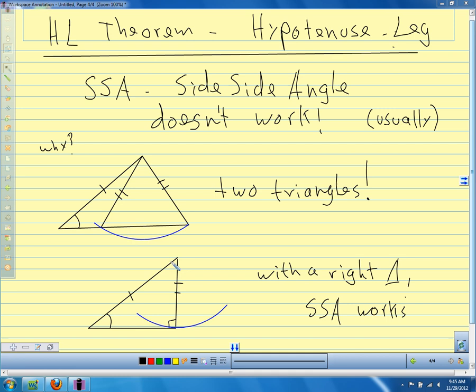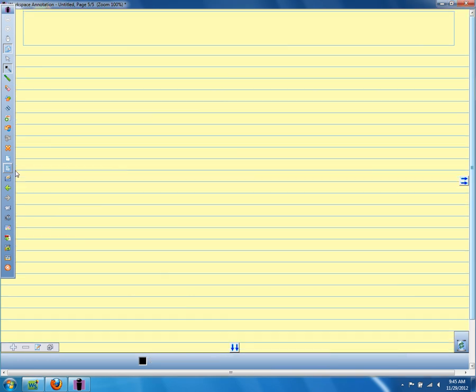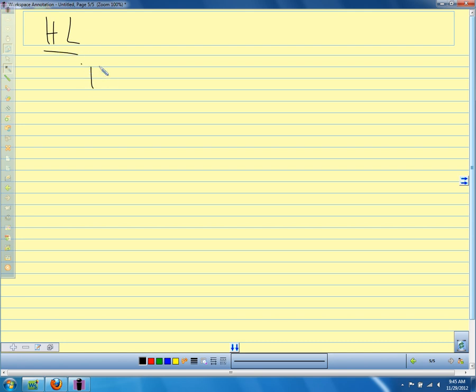So here's what we're going to write into our bubble for hypotenuse leg. I was just showing you why we can't use side-side-angle, but why hypotenuse leg does work. So in our bubble, start with two triangles. Two right triangles this time though.